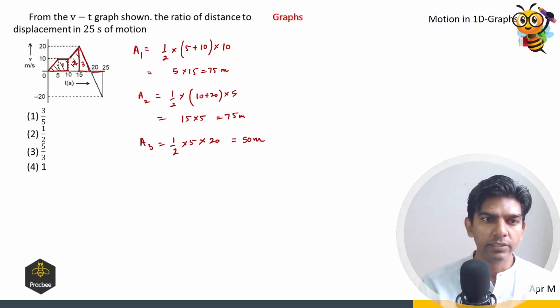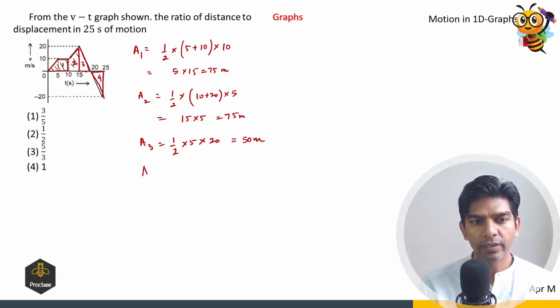And let us find this area also, below the time axis. So this is A4. A4 is half, base is 5 and height is 20, so that will be 50.